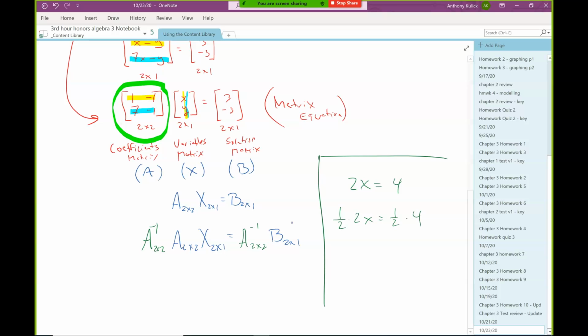Can I multiply a 2 by 1 to a 2 by 2? No, the dimensions don't work out. So we have to be very careful that if we're multiplying on the left, both multiplications go on the left. If we're going on the right, they both have to go on the right. You can't go one on the right and one on the left. If that makes sense, I hope it did.